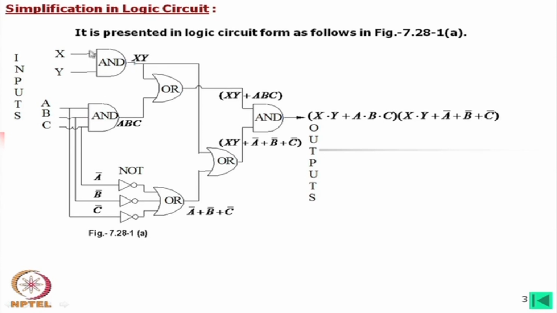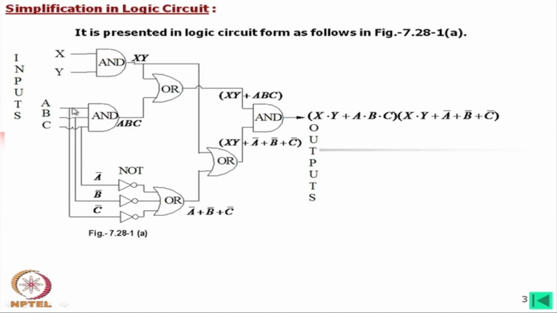Remember, this gate may have 1, 2, 3, 4, 5 inputs. In that case it is the same AND gate, but here 3 inputs, there 2 inputs. The same gate can also be used here if any one input is simply not connected, but we have separate devices for 2 inputs, 3 inputs, etc. Now, in this case the output is ABC.